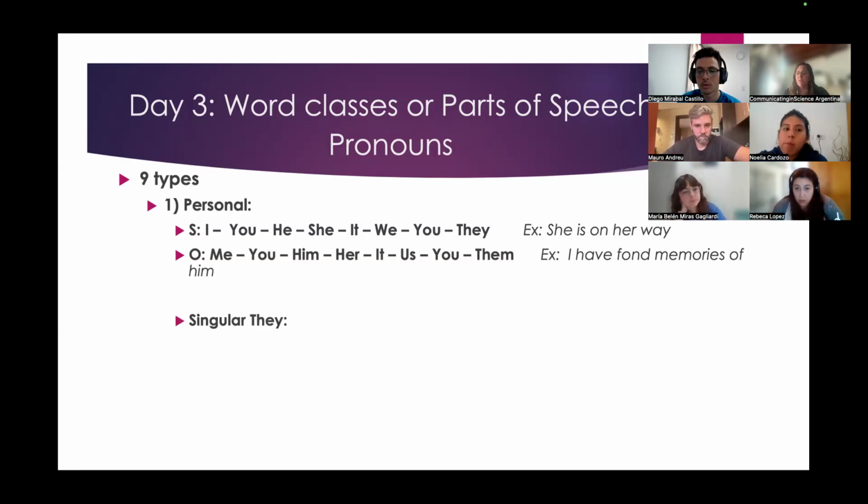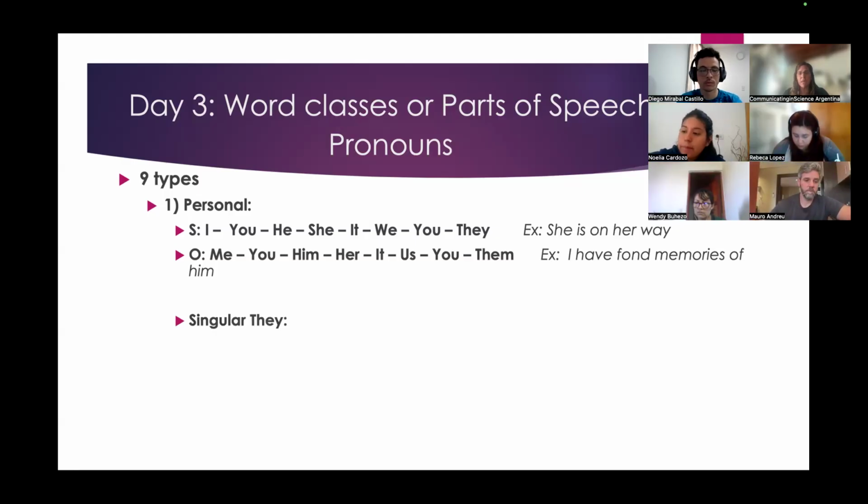And here I want to present you the singular they. I'm going to mention this because it's used sometimes in academic English, but it's also used in conversational English. When you don't know the gender of a person, even if it's just one person, you can refer to that person as a they.